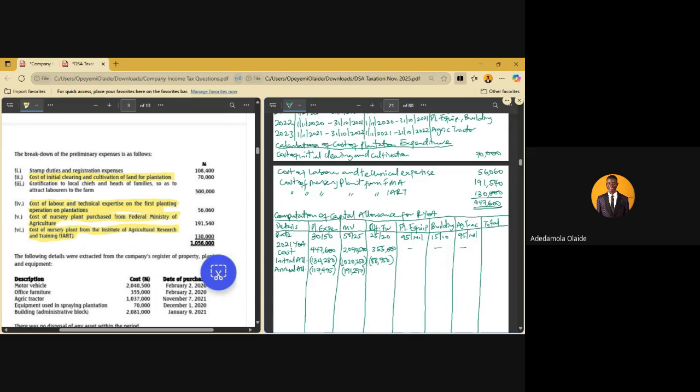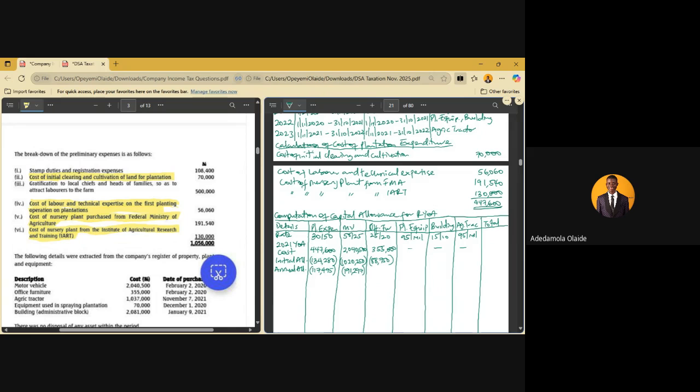Then the next one, for the office furniture, it will be 355,000 minus 88,750, divided by how many years?